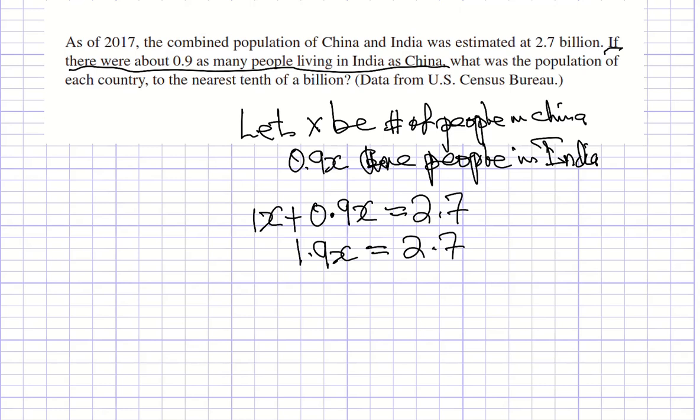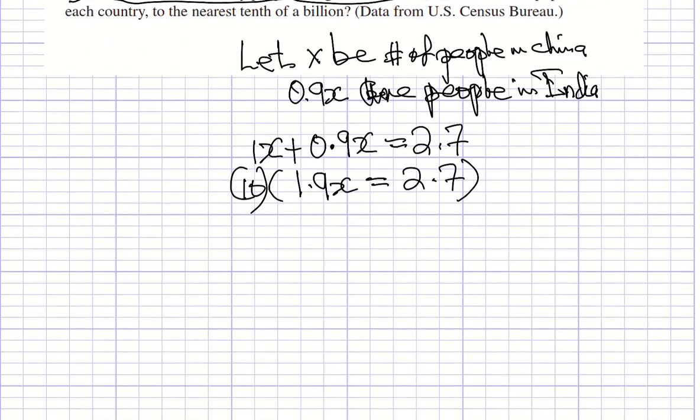You can always change that. You can multiply both sides by 10 to get rid of the decimal if you want to. You're not breaking any rule.